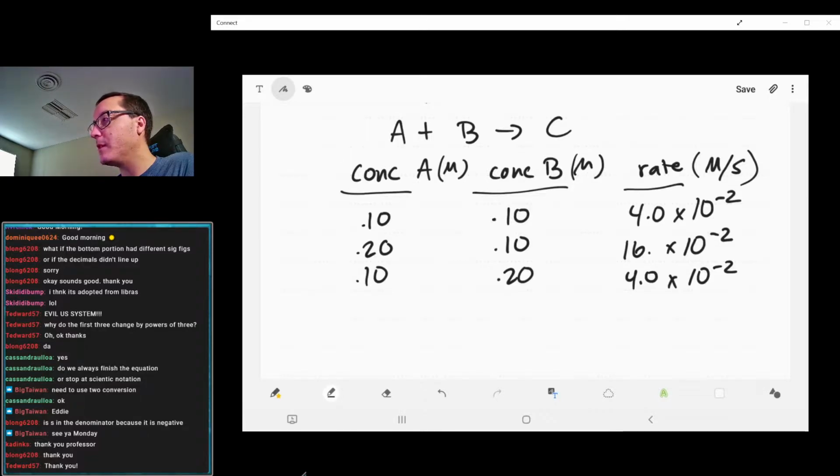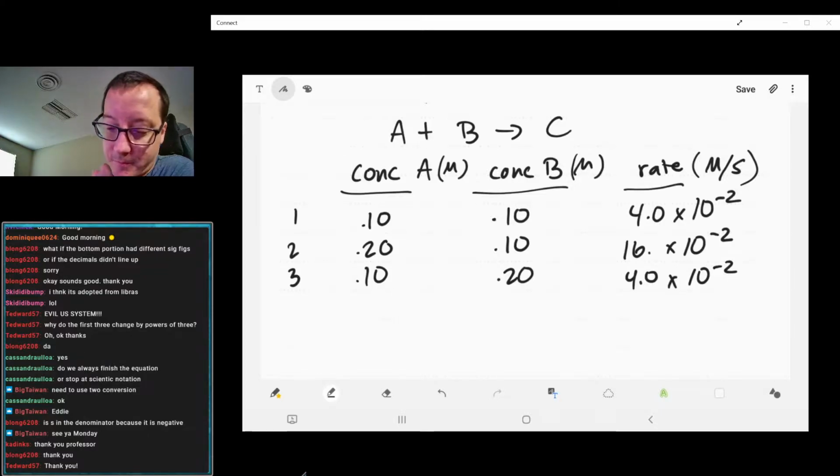So perhaps the easiest thing to do is to look at conditions 1, 2, and 3. If we look at conditions 1 and 3, we see that the rate does not change, right? We still have 4 times 10 to the 2 molar per second. I'm always going to say meters. Just forgive me if I do.